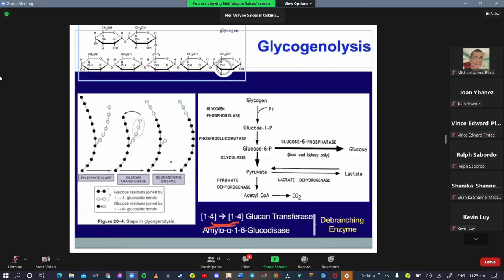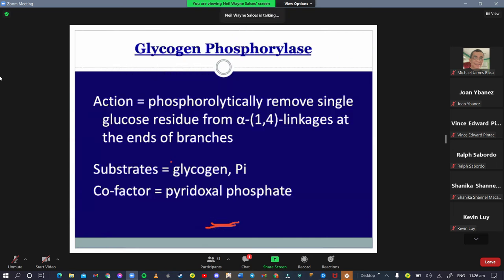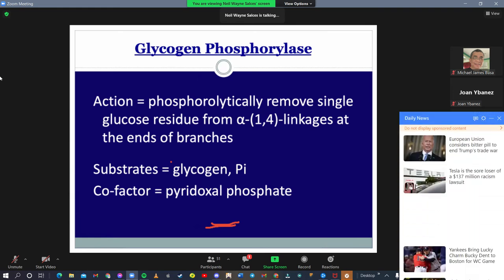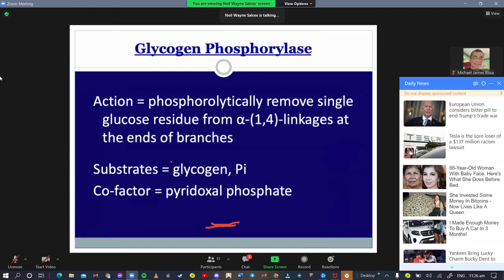Now, we already saw earlier how the debranching occurs in your glycogen. Basically, your glycogen phosphorylase phosphorolytically removes single glucose residues from the alpha-1,4 linkages at the ends of the branches.